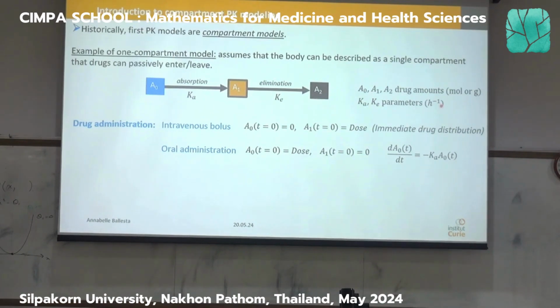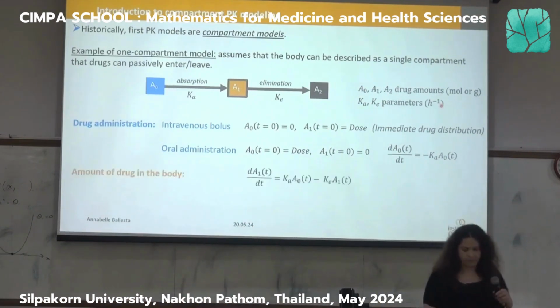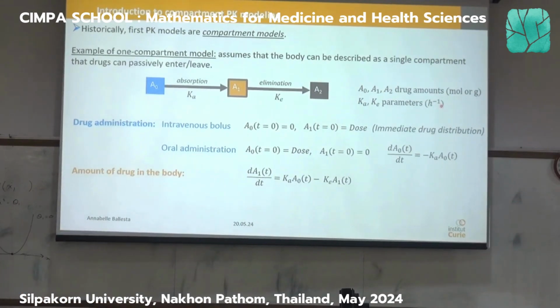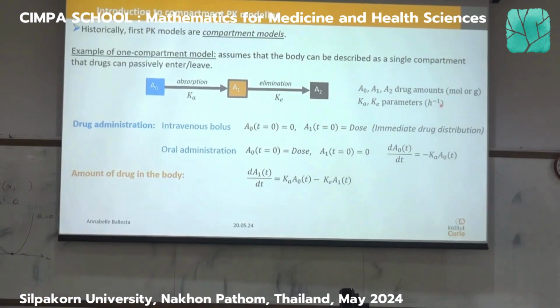And then, I'm going to show the equation for A1. This one. The A1 is given by this differential equation, dA1 over dt equals, so the absorption, Ka, sorry, except that here we don't have this term because this is intravenous, so here we just have the clearance, so that's minus Ke A1.